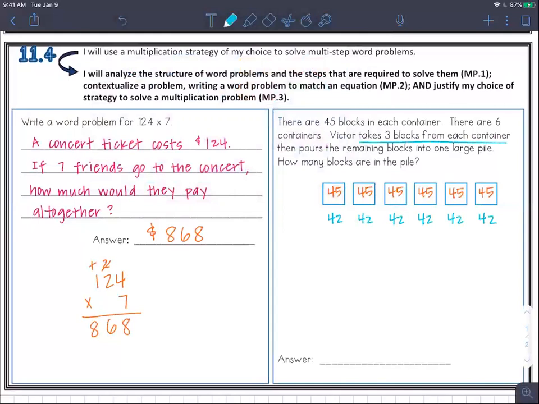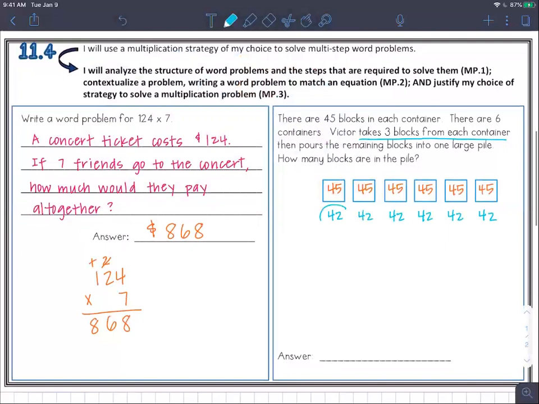Okay. Now he pours the remaining blocks into one large pile. So remaining is what I have here, right? There are 42 remaining in each of the 6 containers. So if he takes all those and dumps it all into a pile, what will he end up with?